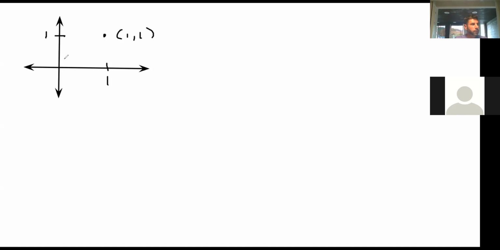I am interested in studying the following. If this is height 1, this is height 1, we know x squared goes through this point 1, 1. And the graph is going to look something like this.